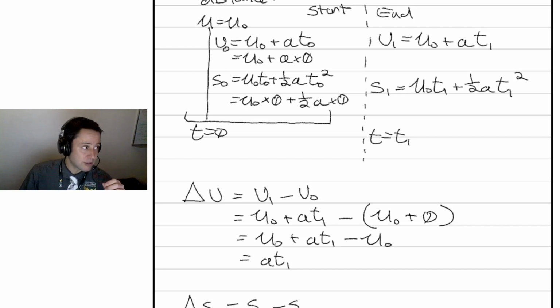In other words, the ut plus half at squared is actually our change in displacement, not our absolute displacement. So it's interesting that they do it that way. And then there's some additional formulas. I probably like to think more in terms of what is my change in velocity, what is my change in displacement, so that we don't get confused with initial conditions. But that's how they have done it.